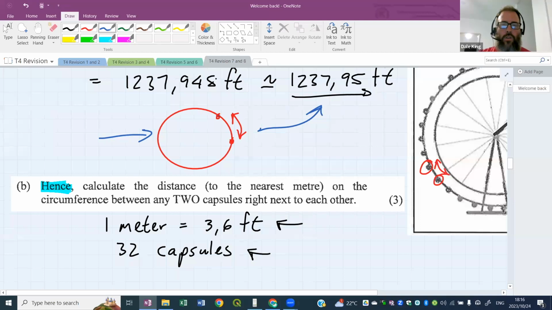On that red circle there are little capsules, the blue dots I've circled. They want to know the distance between just two of these. Remember, there are 32 of them. So it's the distance on that red line between those two points, and they want this in meters.